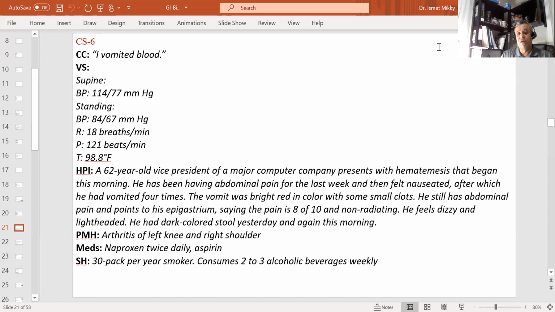Blood pressure 114/77, supine and then standing. Significant reduction in systolic and diastolic, more than 20 points, in addition to tachycardia, 121 pulse.